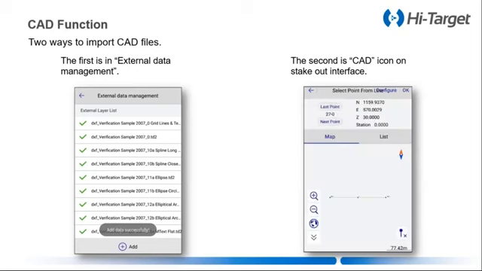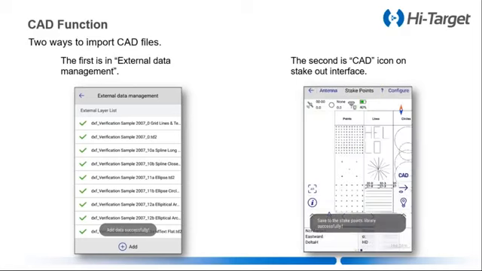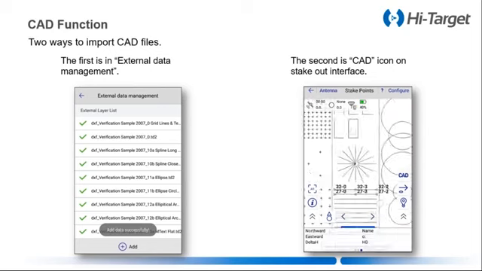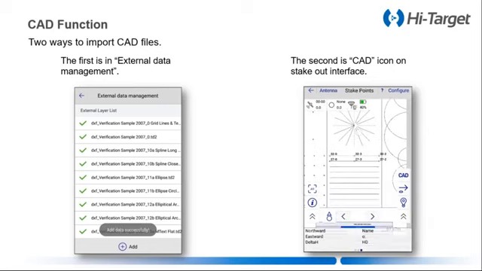We can get the point on this line. As you said, we can get the stakeout point on the map.